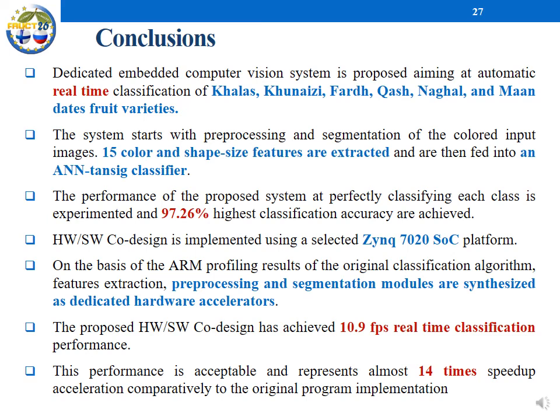The system starts with preprocessing and segmentation of the colored image. 15 color and shape size features are extracted and then fed into an ANN Tansig classifier. The performance of the proposed system at perfectly classifying each class was experimented, and 97.26% highest classification accuracy was achieved.